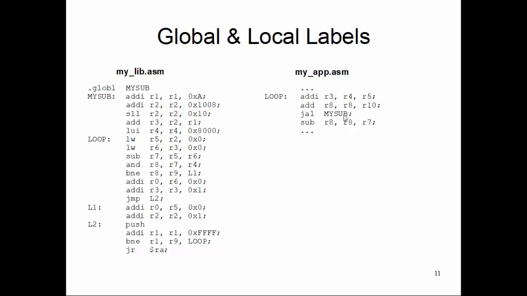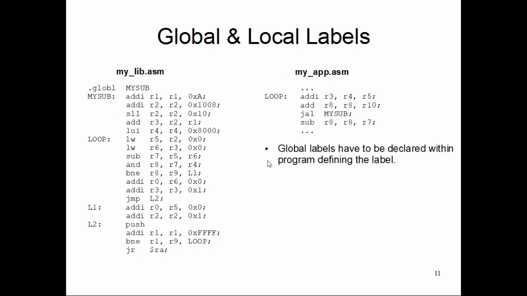So for the printf function, the assembler will create a label called printf, and an application program will do a JL to printf. Here in this example, I'm jumping and linking to my sub label, which is not defined in the scope of this my app.asm file. This is defined in a different file.